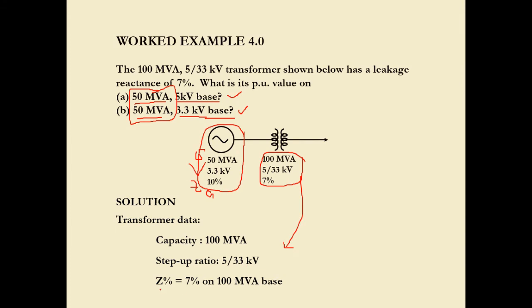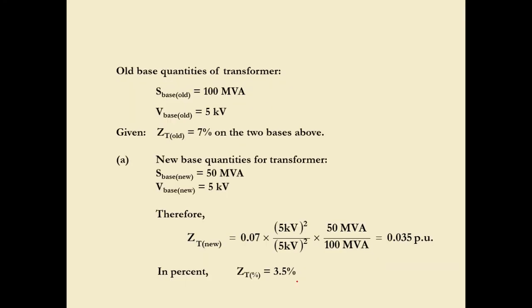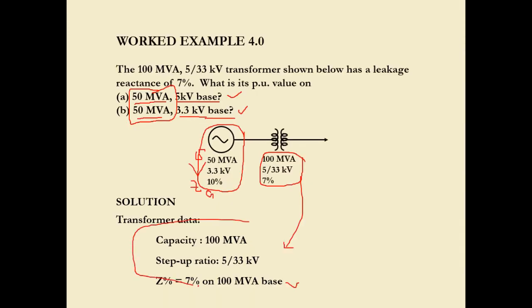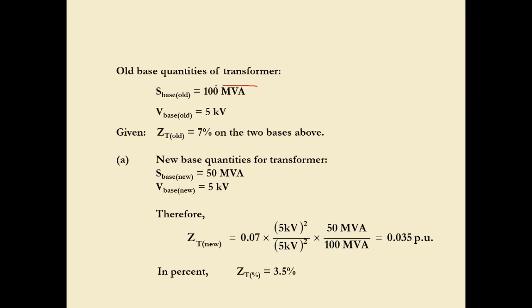The Z impedance is 7% on 100 MVA base. So all these become again the old base quantities. The rating becomes the old value.